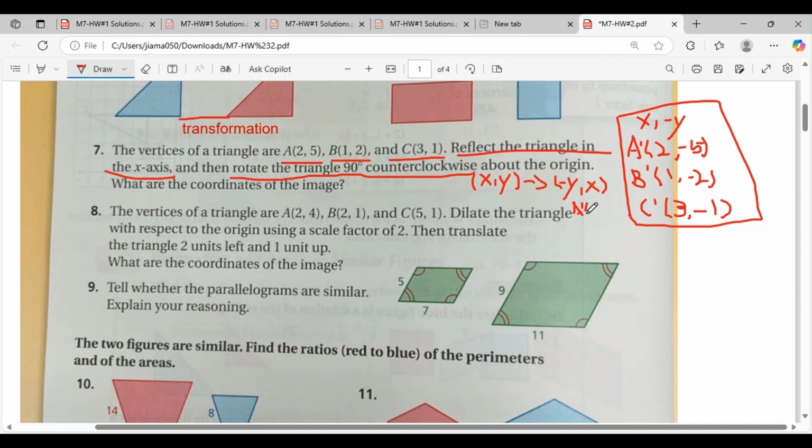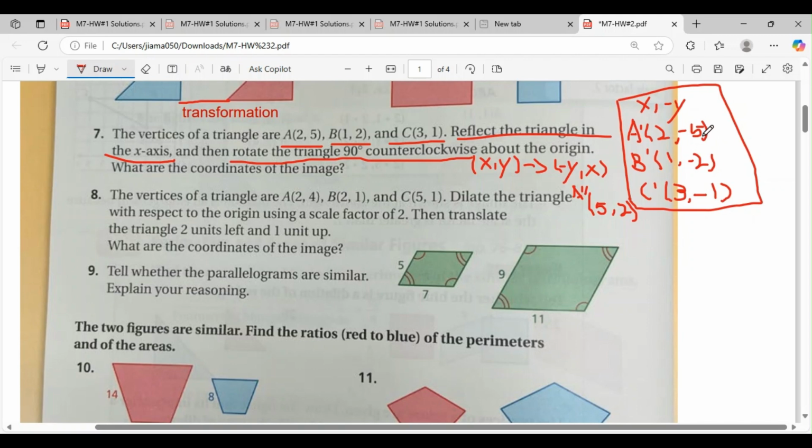This will become (5, 2), because this is -5, and we should change it to negative y, which is negative -5, so it's 5.